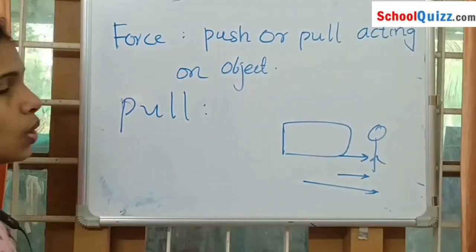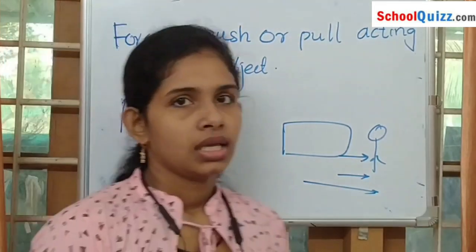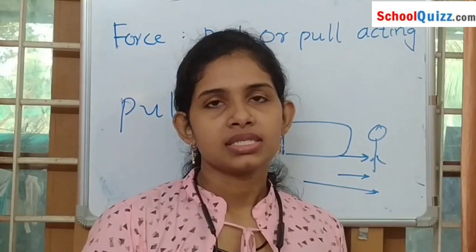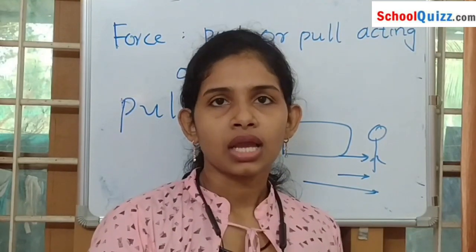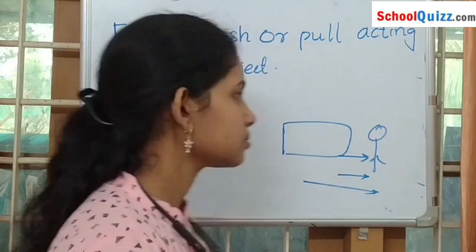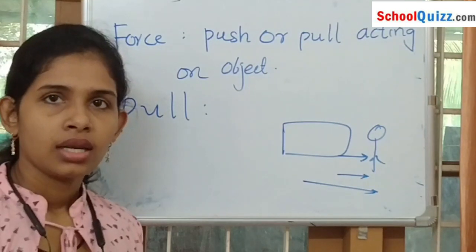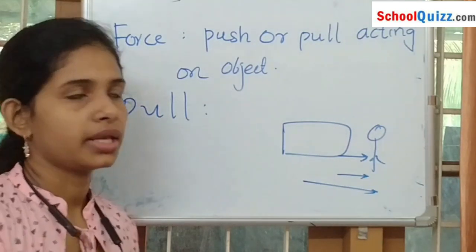So we can write what is a push or pull. A push means a force acting on an object move away from a body. Pull is force acting on an object move towards our body.